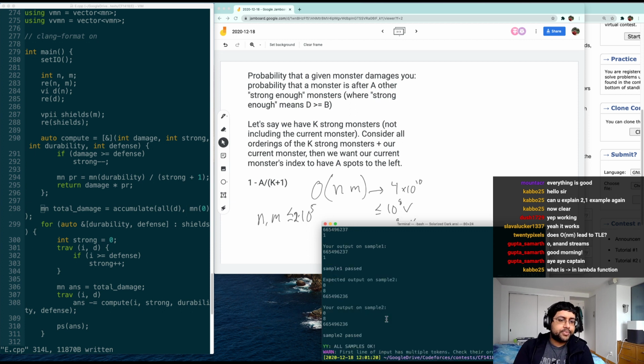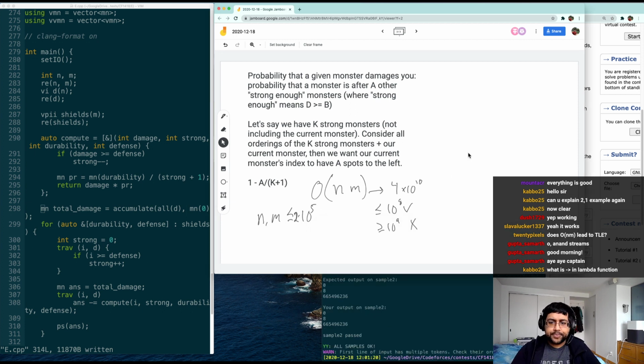Okay, cool. So now let's look at this again. If you consider a single monster's contribution to a bunch of different shields, then you want to take basically that monster's probability of sparing the shield, or not damaging the shield.